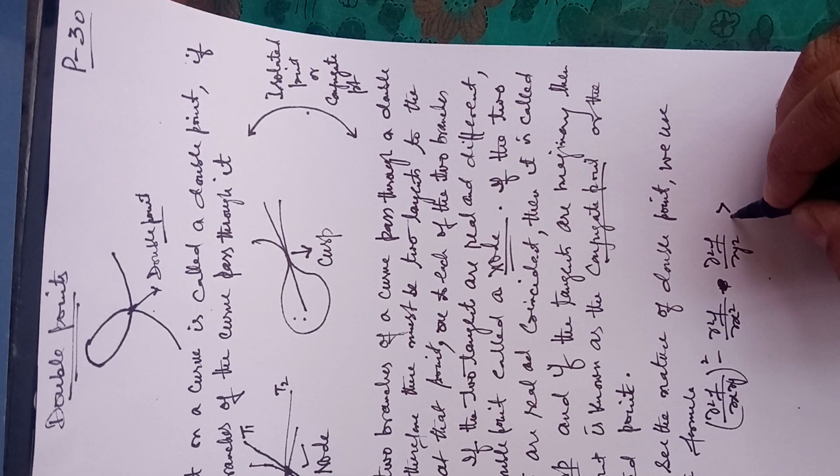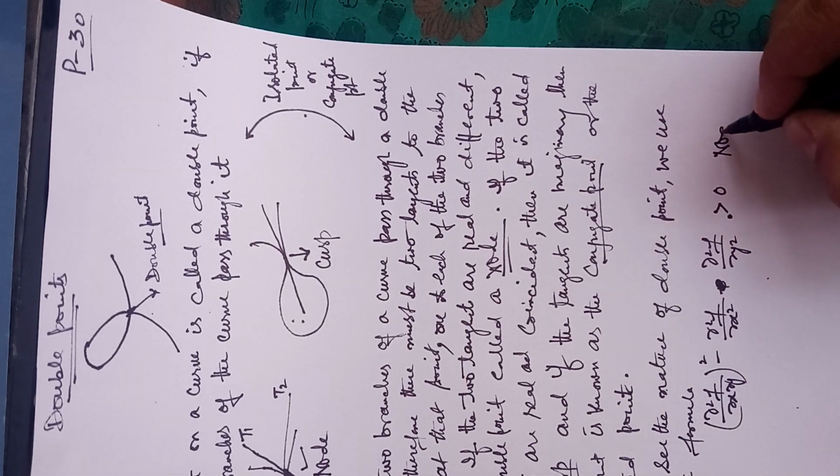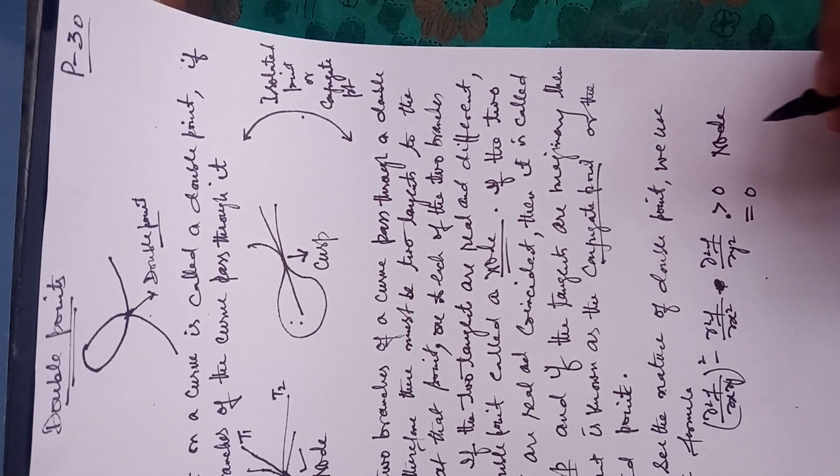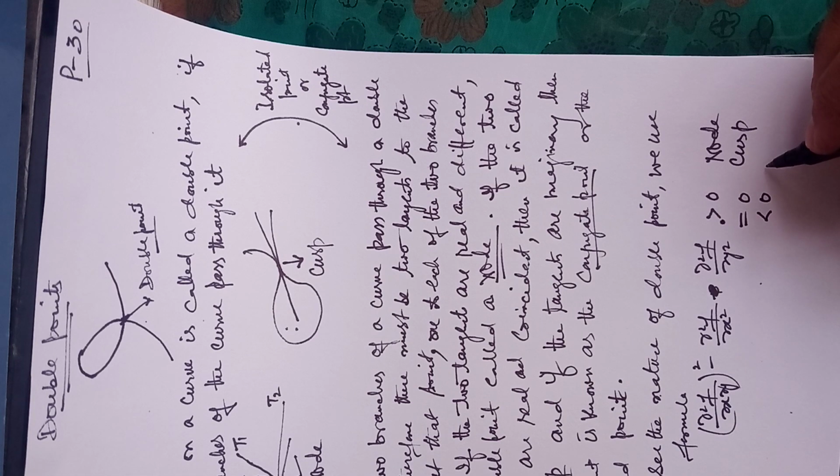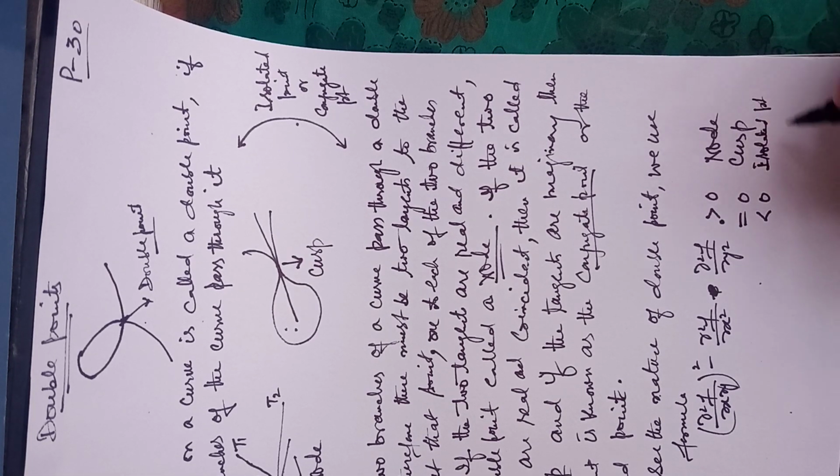If this is positive, then this is a node. If this is 0, then this is a cusp. And if this is less than 0, then this is an isolated point or conjugate point.